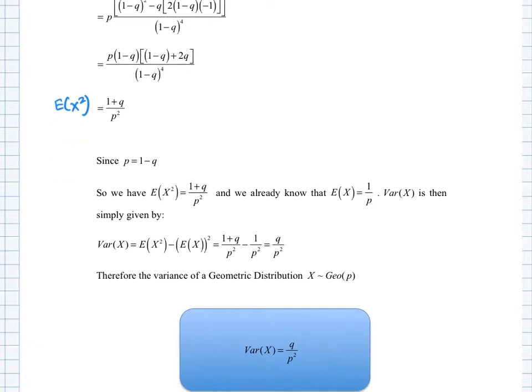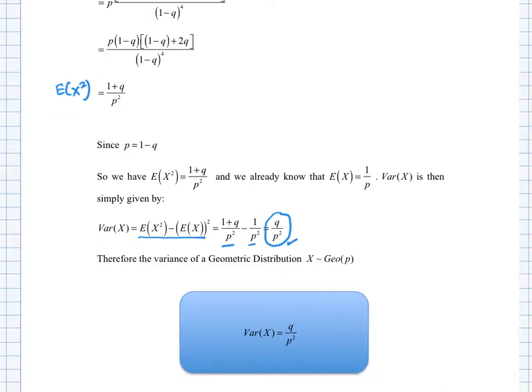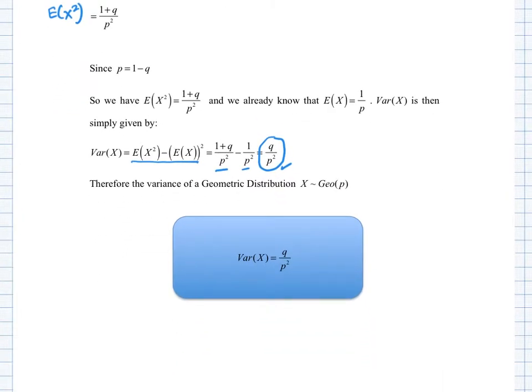So we know that the variance of X is given by E of X squared minus E of X, squared, and therefore we can use the result before, 1 plus q divided by p squared, minus the mean, which is just 1 over p, and square that, and we get the answer for variance, which is q divided by p squared. Therefore, we have the variance of a geometric distribution to be q divided by p squared.